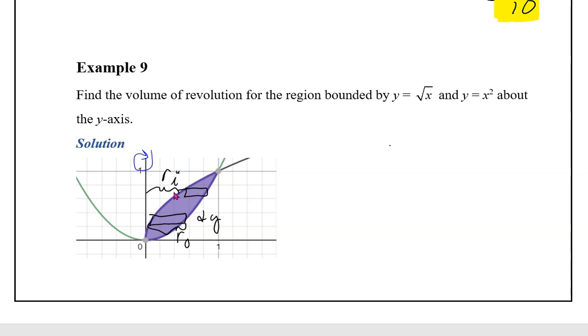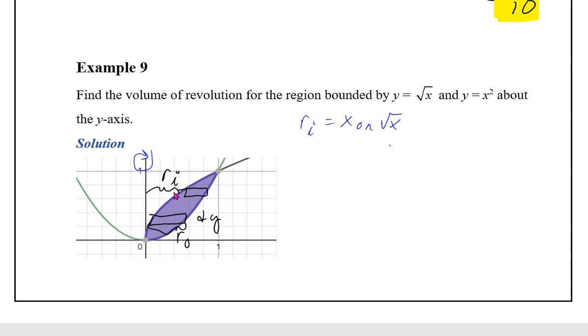Now we will set up our inner radius as the distance from the axis of revolution to the closest end of the strip. This is going to be the x value on this curve. In other words, r sub I is equal to the x value on the curve, the square root of x.